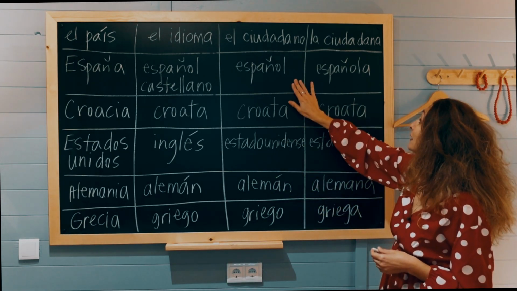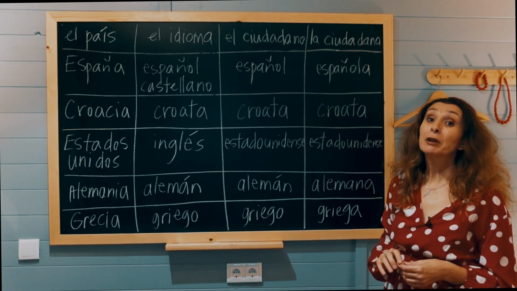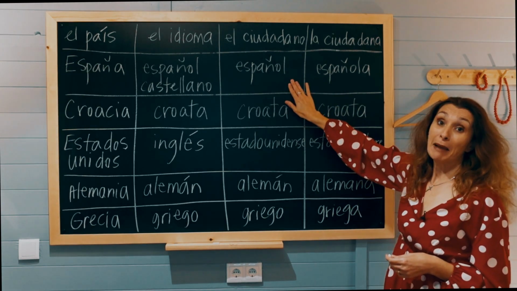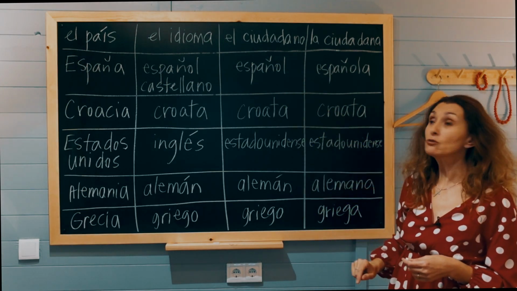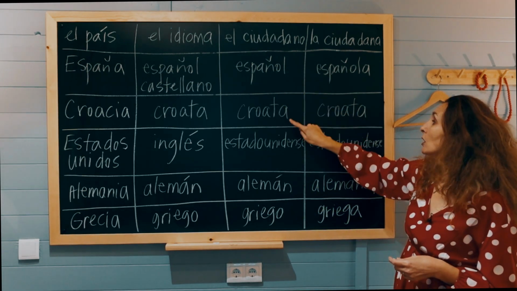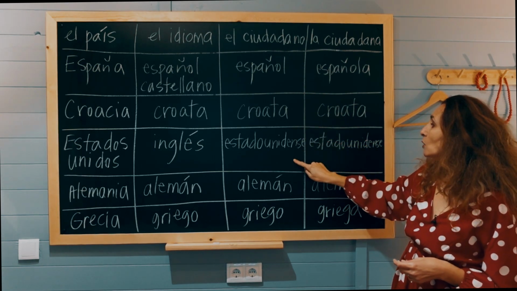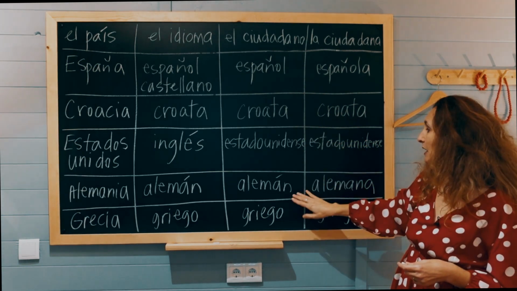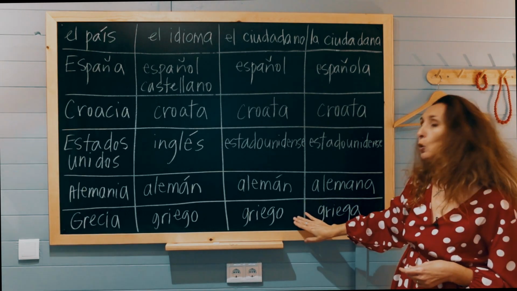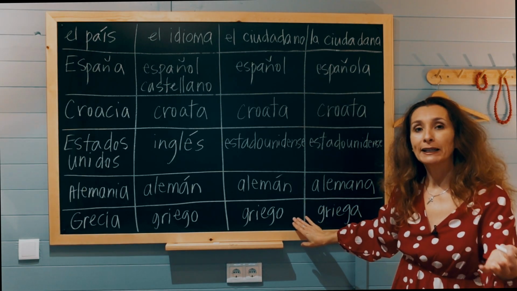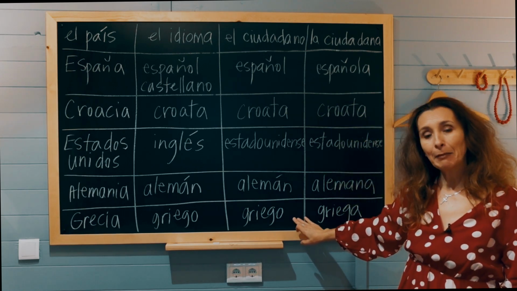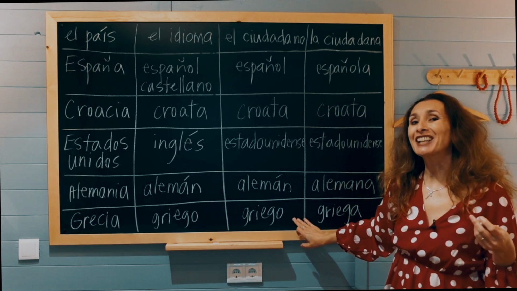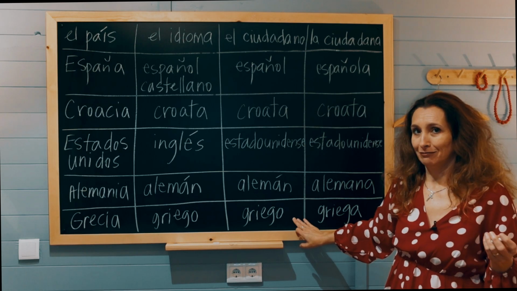And then we have people living. If they're men, they are masculine nouns, un español, un croata, un estadounidense, un alemán, un griego. So a handsome Greek man is un griego guapo.